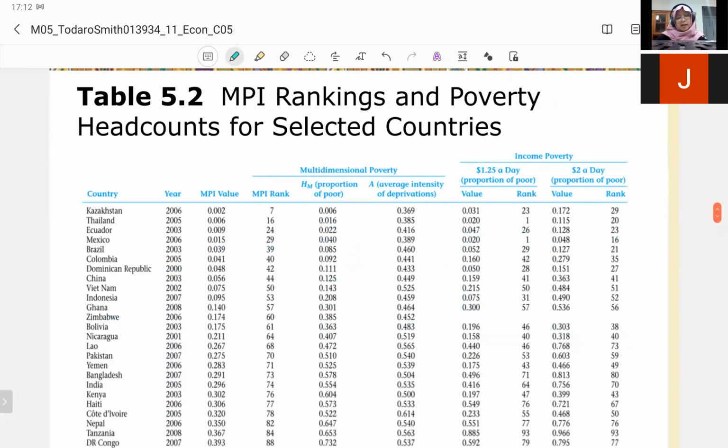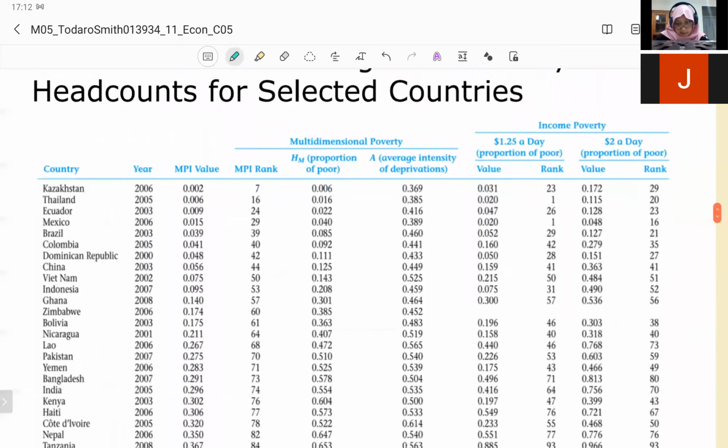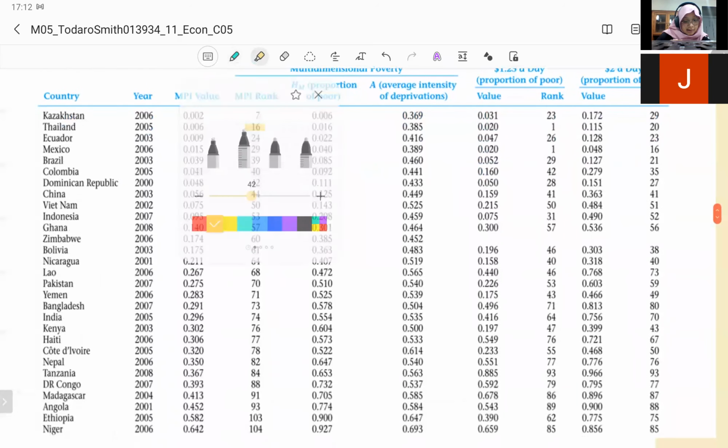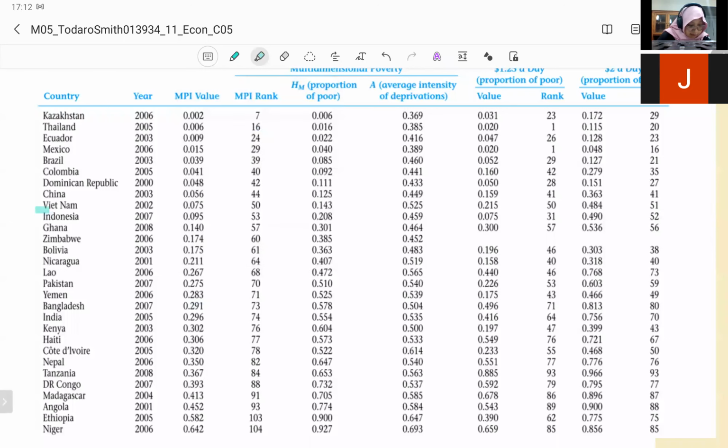This is the MPI rankings and poverty headcounts for selected countries. Let's take a look at Indonesia here. So this is the year 2007. Our MPI value is 0.095 and our MPI rank is 53.